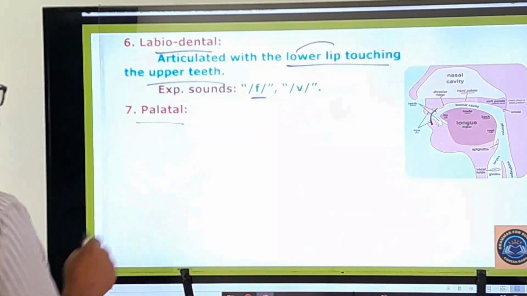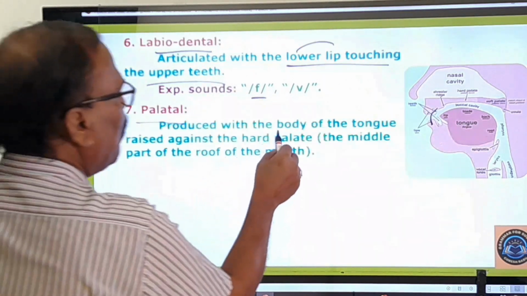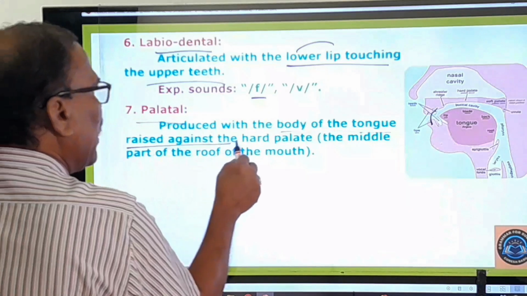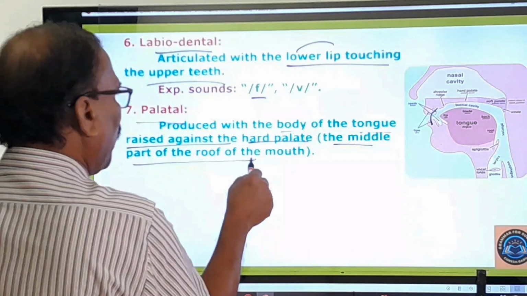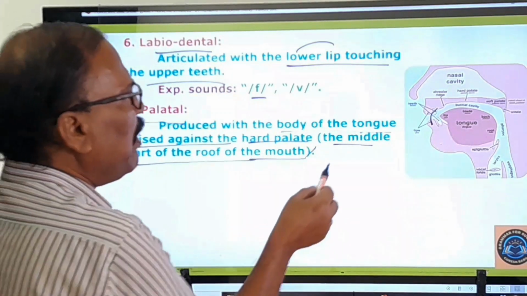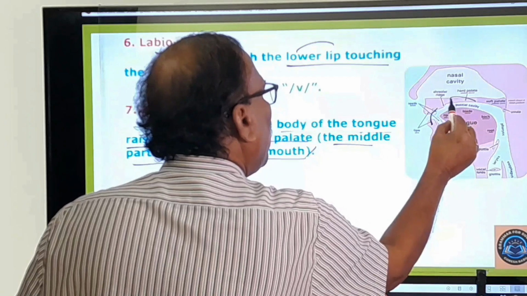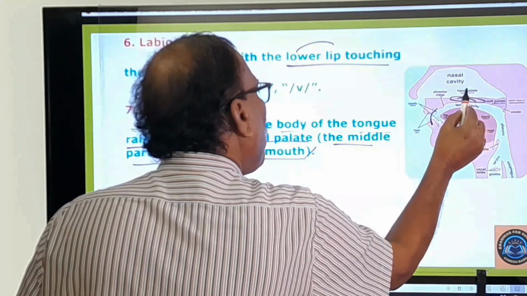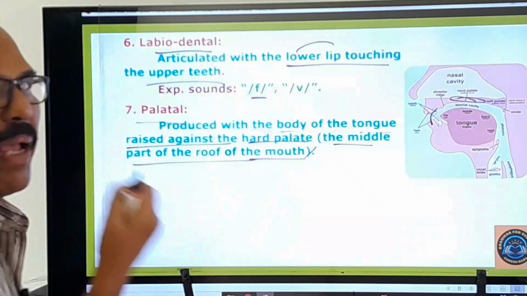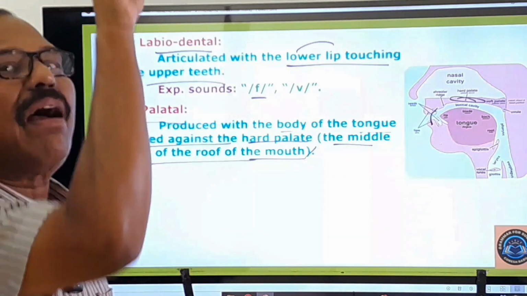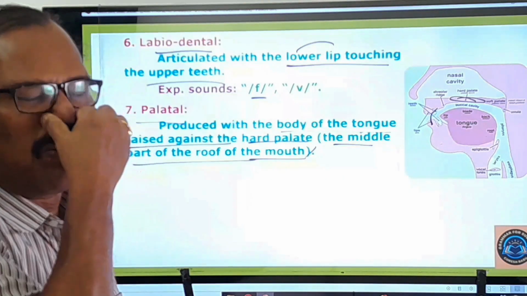Okay. Palatal is there. Palatal means what? Produced with the body of the tongue raised against the hard palate, the middle part of the roof of the mouth. The middle part of the roof of the mouth is called the palate, the hard palate. In Telugu we say angiti bhagam.